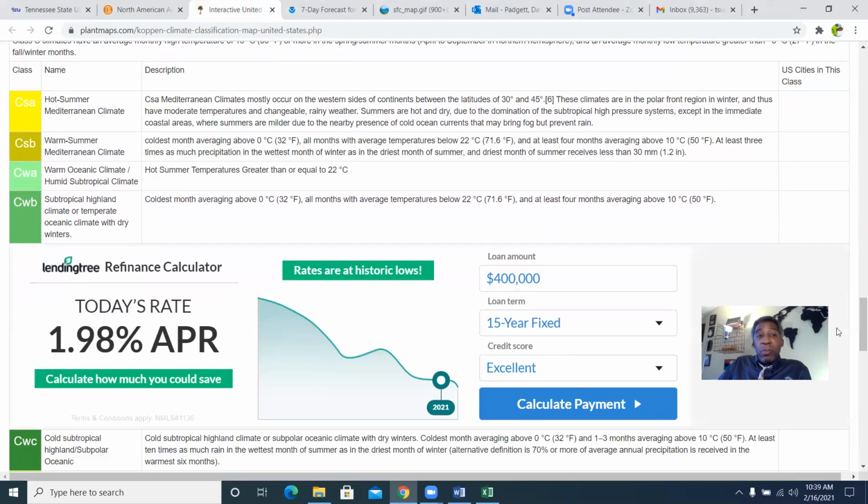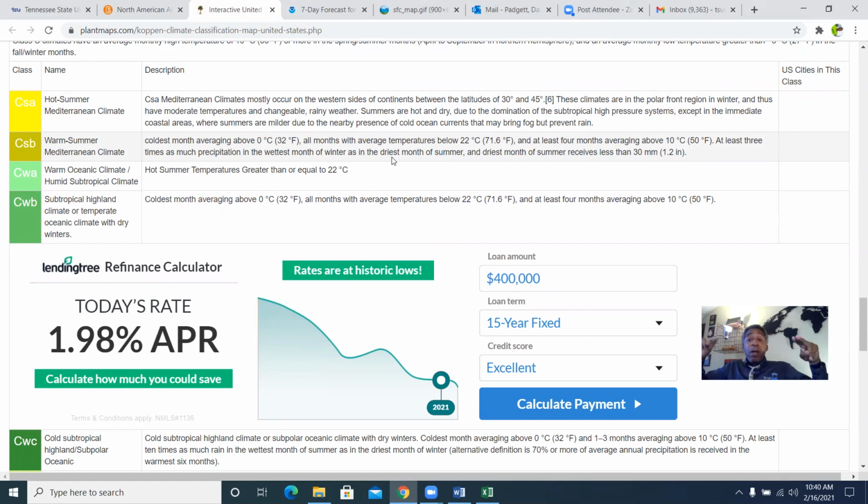which are indicative of, well, sometimes they're called dry summer Mediterranean climates, but what happens is it's just that there's a relatively dry summer. So in, say, Sacramento, California, there might not be any rain between May and September, or barely any rain between May and September. And then, of course, ample amounts of rain the rest of the year.